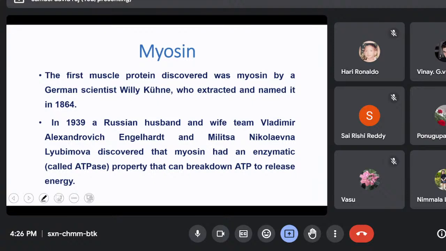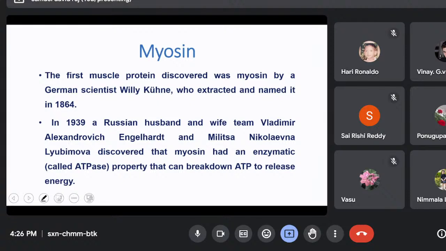And coming to myosin, it is the first muscle protein discovered by a German scientist called Willy Kuhne in 1864. In 1939, a Russian husband and wife team, Vladimir Alexandrovich and Militsa Nikolaevna, discovered that myosin had an enzymatic activity called ATPase, so that it can break down ATP to release energy.